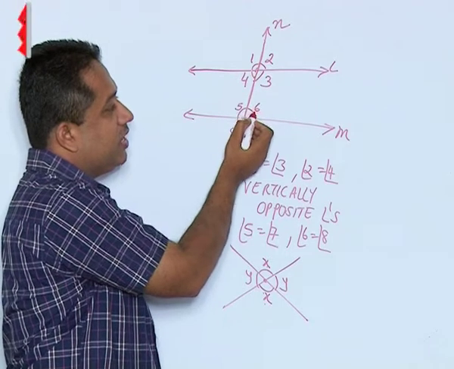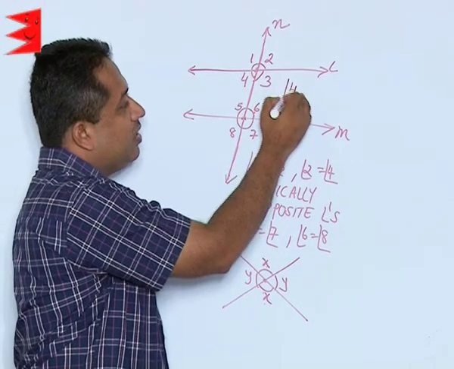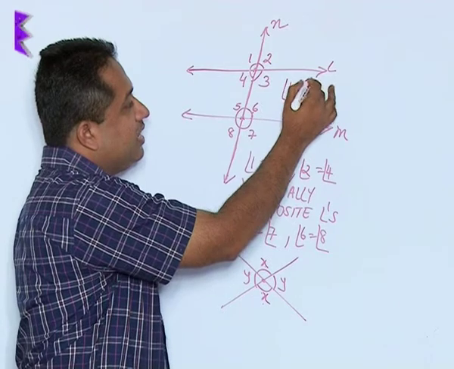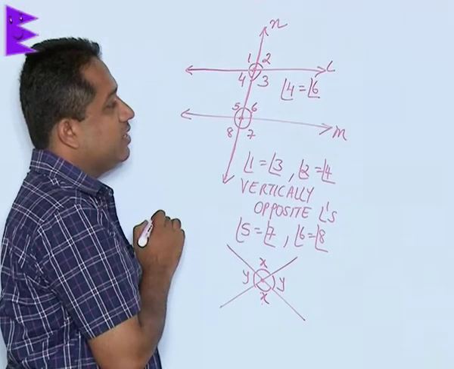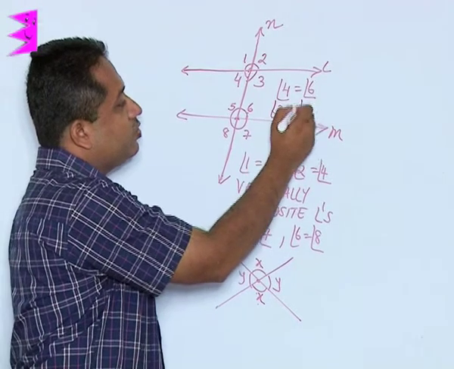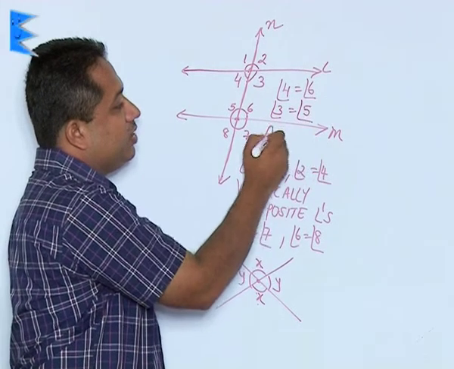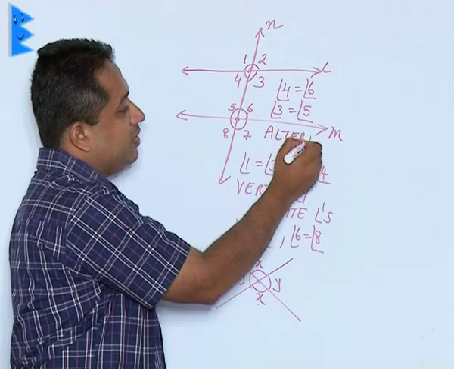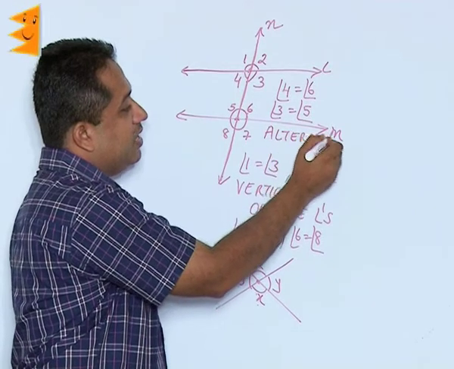These are called the alternate interior angles and they are equal. So, we can say 4 and 6 are equal. Similarly, 3 and 5 are also equal. These are called the alternate interior angles.